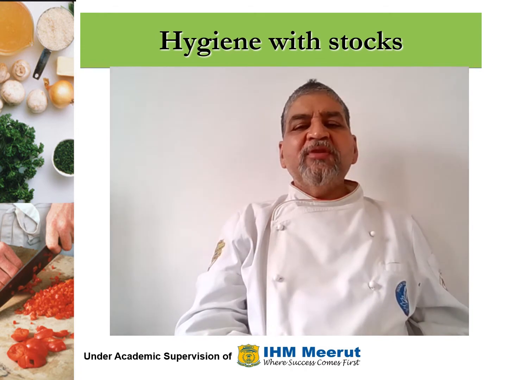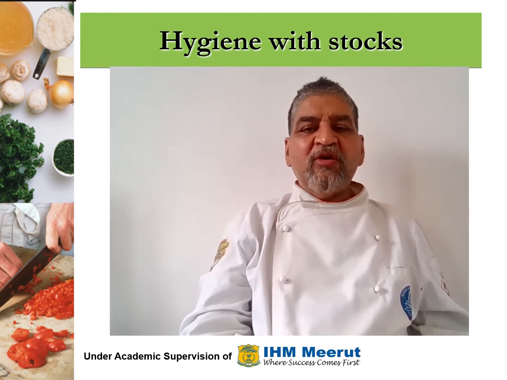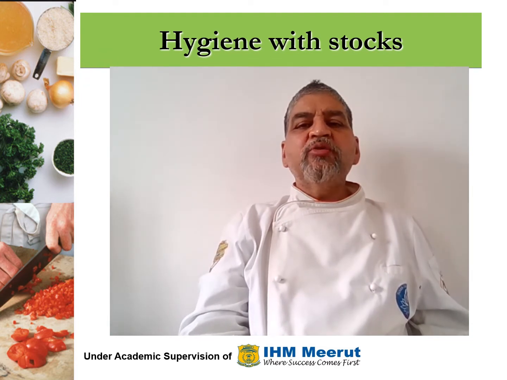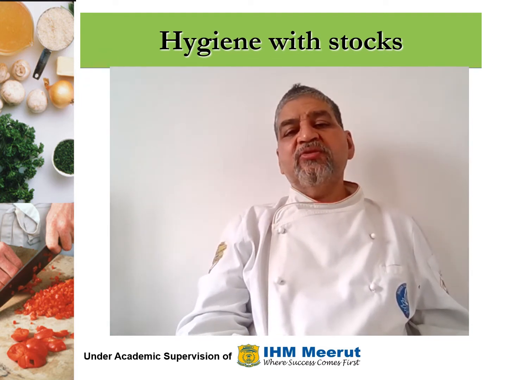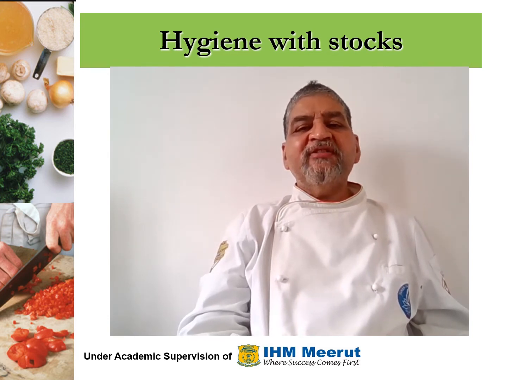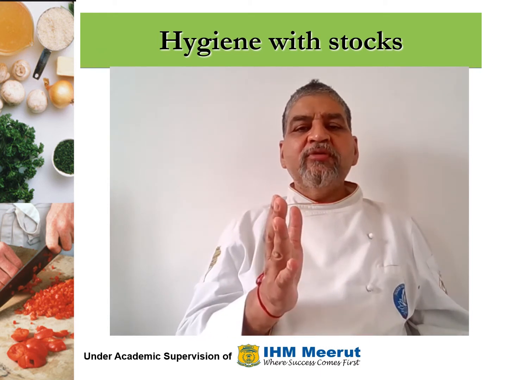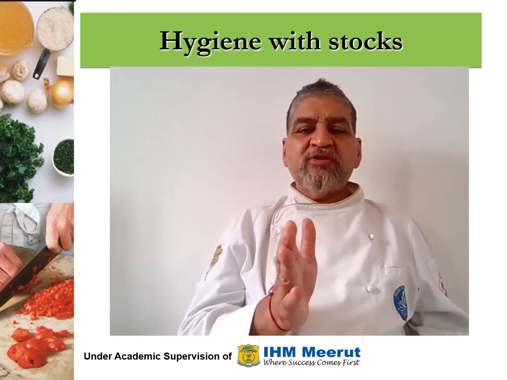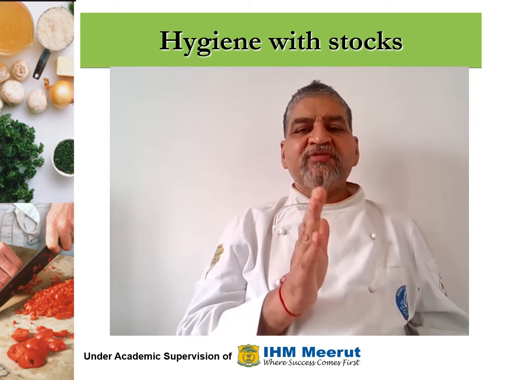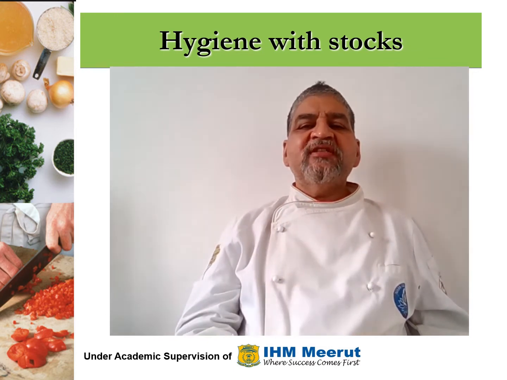So in order to keep the stock safe for a prolonged period, it is very important to keep it out of the danger zone. Danger zone is the temperature range between 7 degrees centigrade and 63 degrees centigrade. If we keep the stock outside of this temperature range, then the stock is safe.